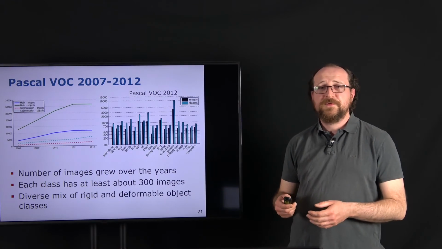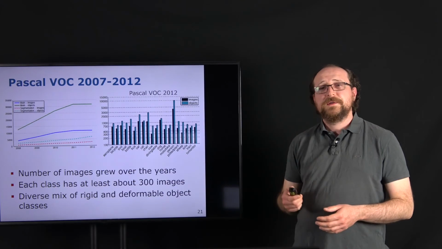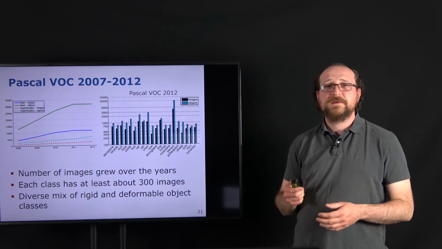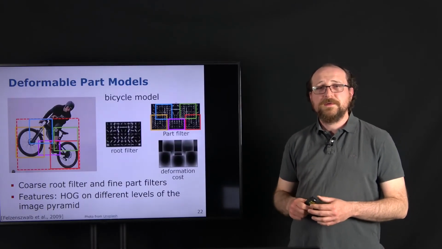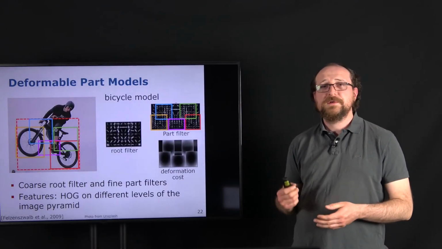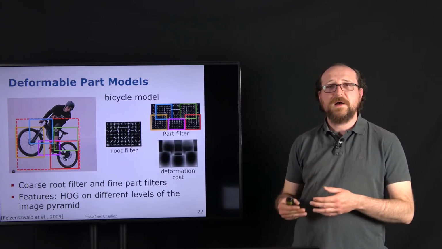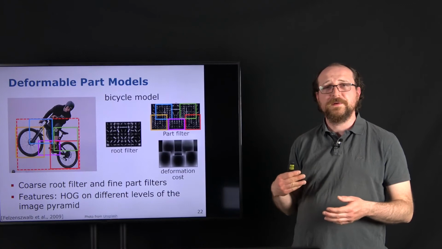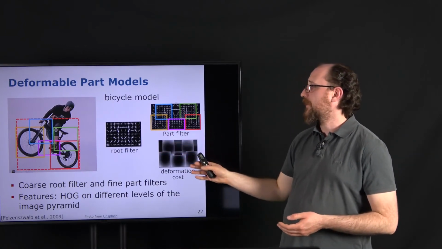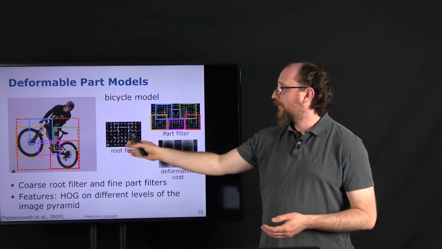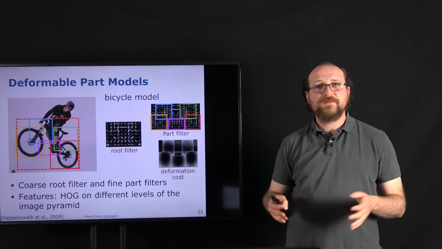And for the specific Pascal VOC detection challenge, the defining method at the time was basically the deformable parts model. The deformable parts model just used the HOG descriptor, but now combined it with a part understanding of the objects. In this case, we have a bicycle model shown here. So we have a root filter that basically gives some general idea about the shape of the objects.